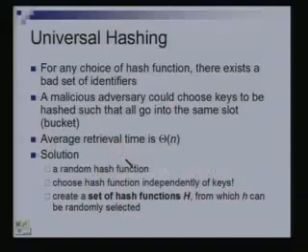So one solution I can employ is that I don't even tell you what hash function I am going to use. I say I am going to have a bunch of hash functions, let's say 15 different hash functions, and before the process starts, I am going to randomly pick one of these, and then use this hash function to put the keys you give me into the table.